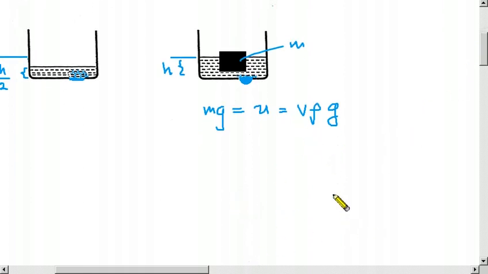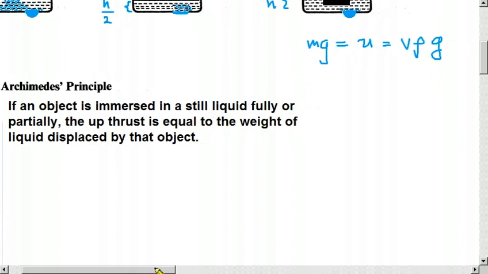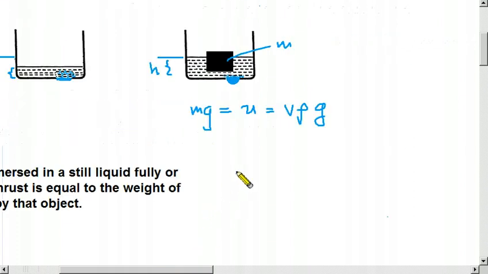So what is the Archimedes principle? Here is the Archimedes principle. If an object is immersed in a still liquid, fully or partially, the upthrust is equal to the weight of liquid displaced by that object. So this is the weight of liquid displaced, given by this equation V rho g.